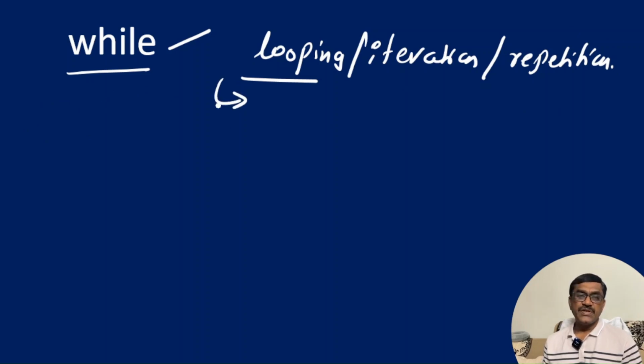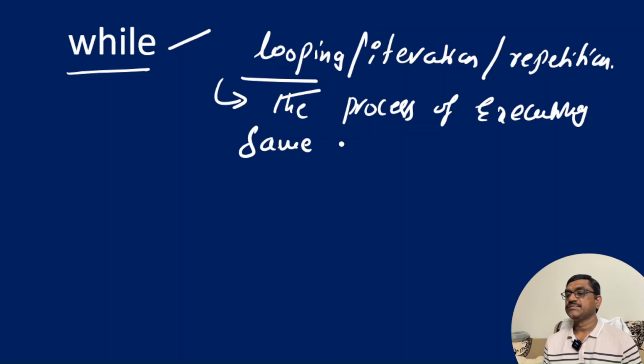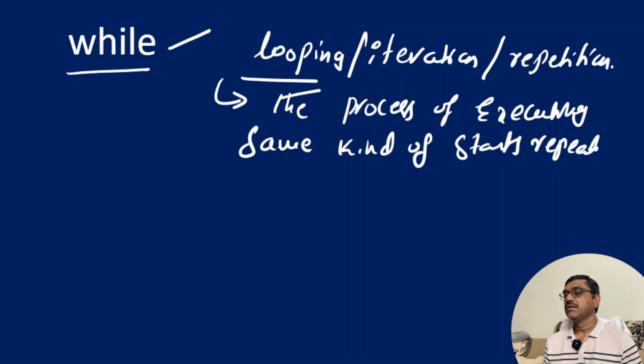The process of executing the same kind of statements repeatedly is called looping. Iteration is also the same thing.